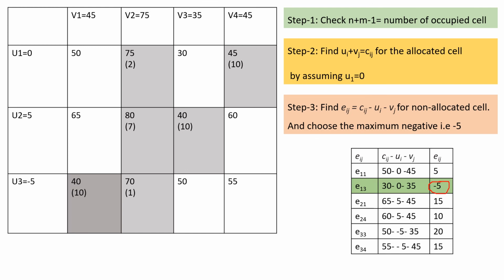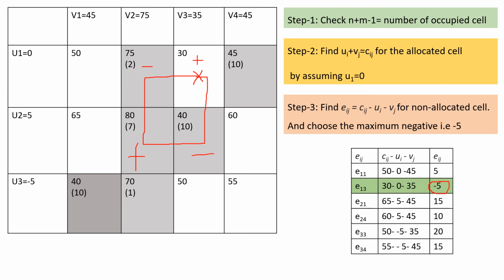E13 means it is on the first row and third column. Here it is, our initial cell. So from here we have to go like this and like this and like this and like this. So let's have a plus sign, minus sign, plus sign, and here a minus sign.